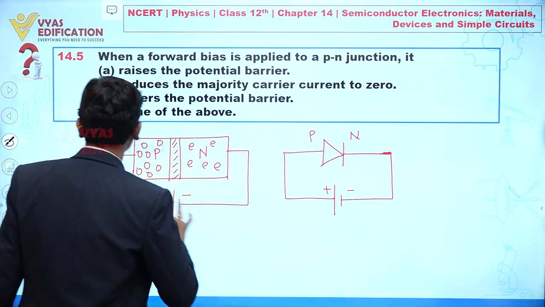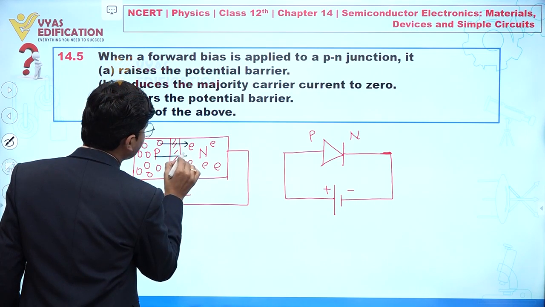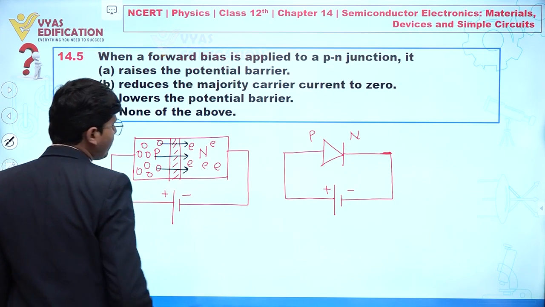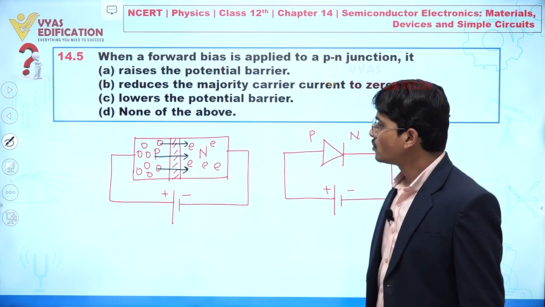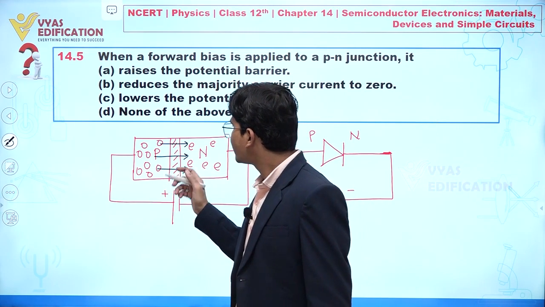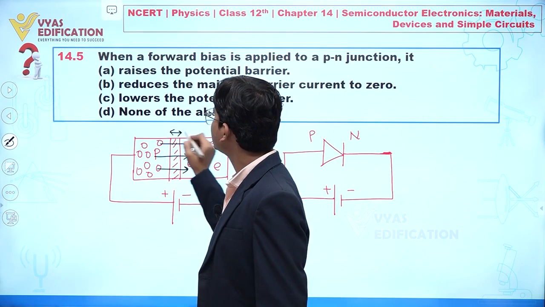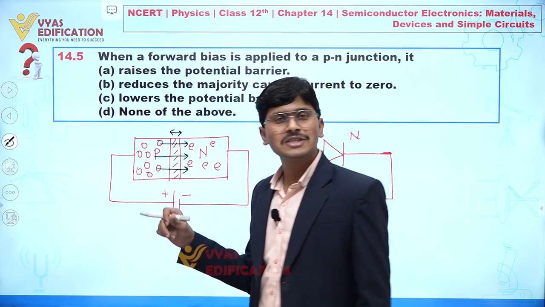So maximum holes will try to move from this side to this side. So the thickness of the depletion layer decreases.